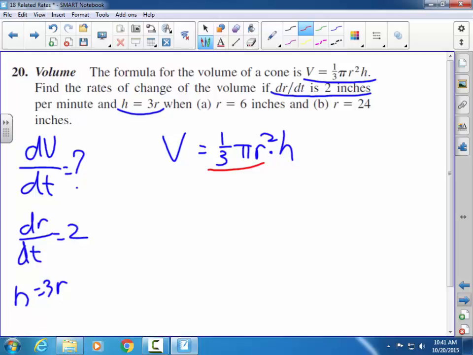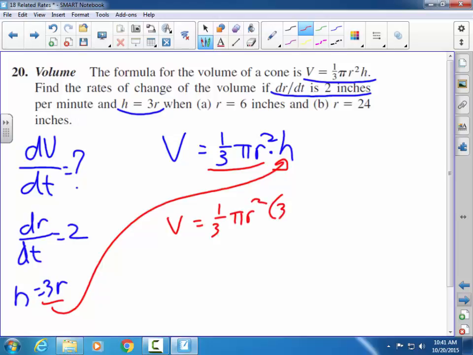Well, do we know anything about a dh/dt anywhere in here? So we'd have to invent something to find that out. So what we would prefer to do in this problem is make this substitution right here to begin with. h is 3r. So now our formula changes to volume equals 1/3 pi r squared times 3r.